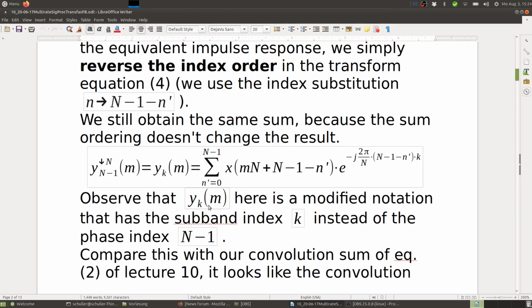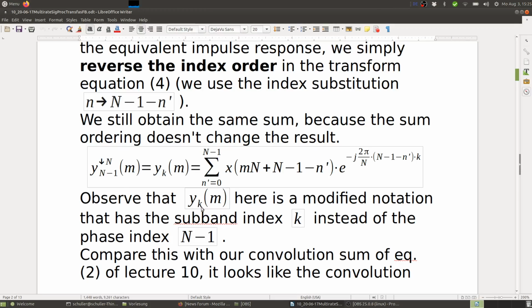So this yk of m, here's a modified notation that has the subband index k instead of the phase index n minus 1. Here we have this n minus 1, which is the phase, but since we don't change the phase, we can also change the notation such that instead of a phase we will have k, the subband index.